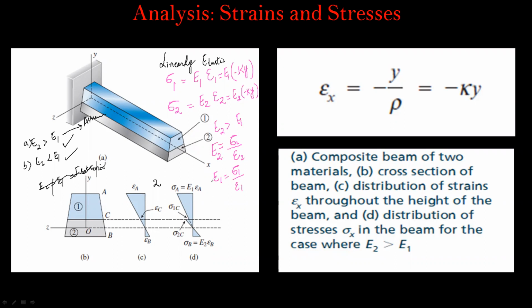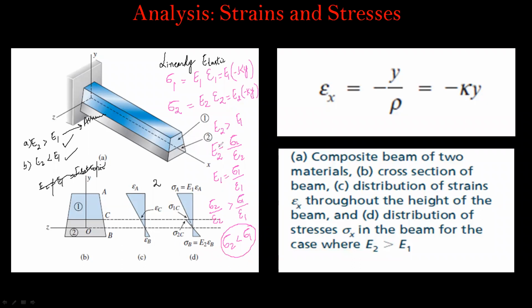And we have already made the assumption that E2 is greater than E1, then sigma 2 by eta 2 will be greater than sigma 1 by eta 1. That gives us the information that sigma 2 has to be less than sigma 1. There's a reason for it, because we are having an inverse relation.